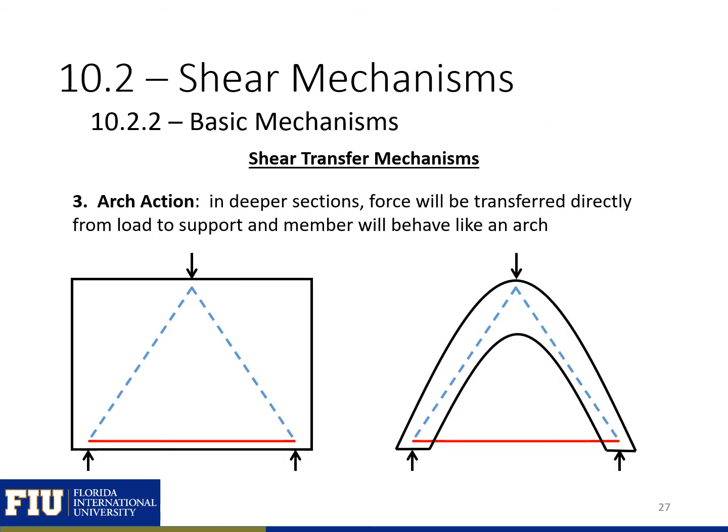In deeper sections, in deep beam sections, we're going to have our force transferred directly from our load to our support. And this will behave more like what's called arch action. So here our load is transferred directly to our support. So this is arch action.